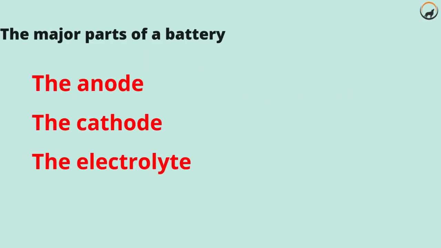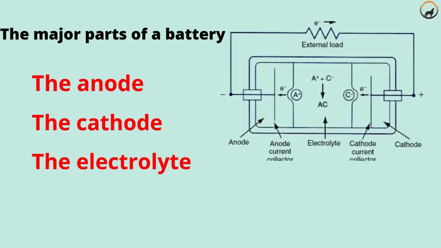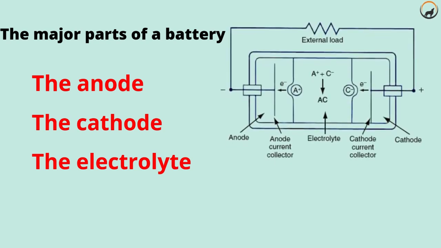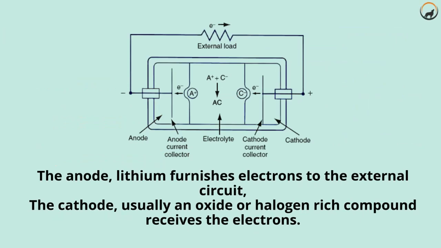The major parts of a battery are the anode, the cathode, and the electrolyte. The anode and cathode must be physically separated, and both must be in contact with the electrolyte. The two battery components involved in the electrochemical reaction during discharge are the anode and the cathode.